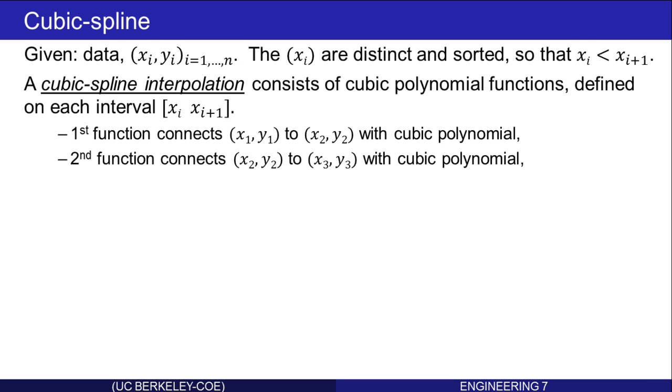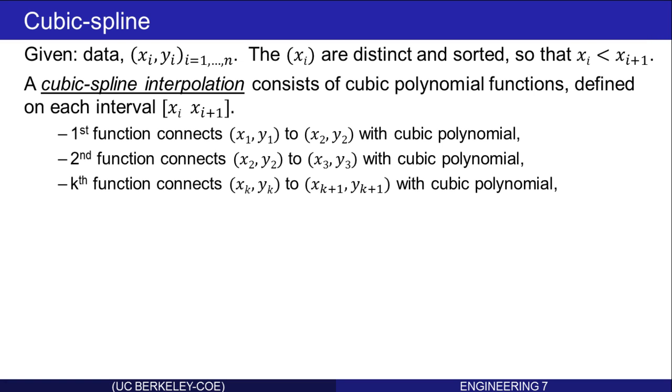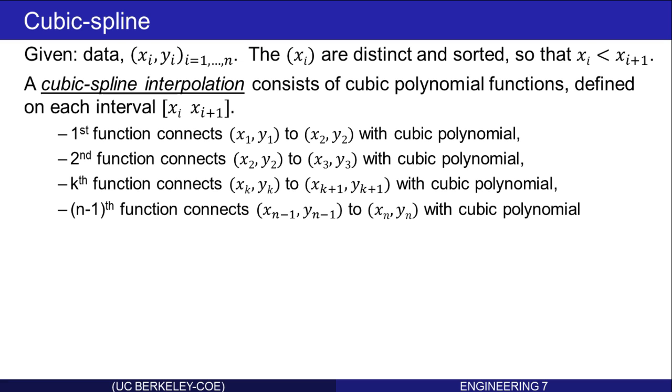The second function connects x2, y2 to x3, y3 with a cubic polynomial. The kth function connects xk, yk to xk plus 1, yk plus 1 with a cubic polynomial, and so on. And finally, the n minus 1th function connects xn minus 1, yn minus 1 to xn, yn with a cubic polynomial. But we could have made these connections with straight lines.